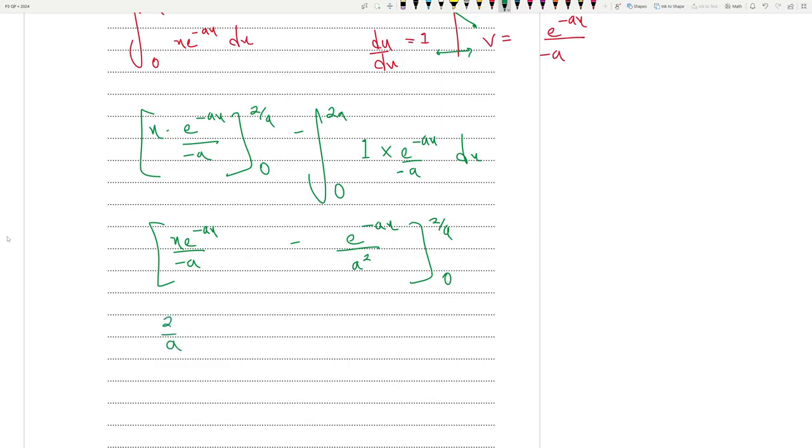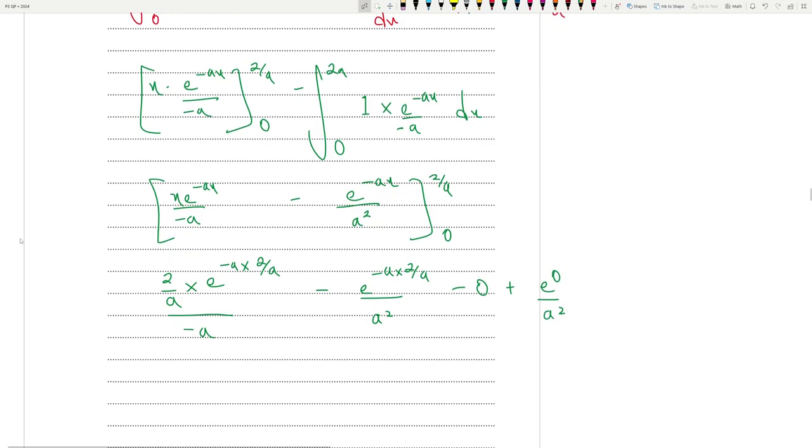Now let's go for it. 2 by a times e to the power minus a into 2 by a divided by minus a, minus e to the power minus a into 2 by a divided by a square, minus 0 plus e to the power 0 divided by a square. This is what we end up with.